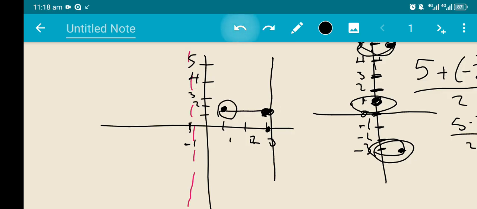So it is 4, meaning we move 4 units up. So that is 1, 2, 3, 4. So this is 5, this is 6. So it's 3, 4, 5, 6. We end there. Then we also move 4 units downwards. So that's -1, 0, 1, -2, meaning we stop at -2 there.